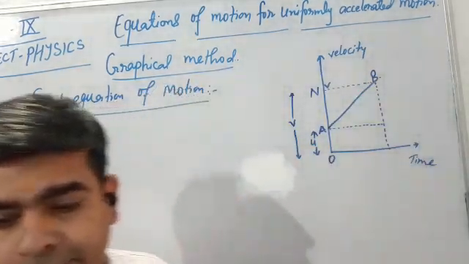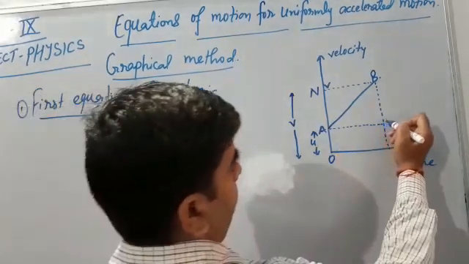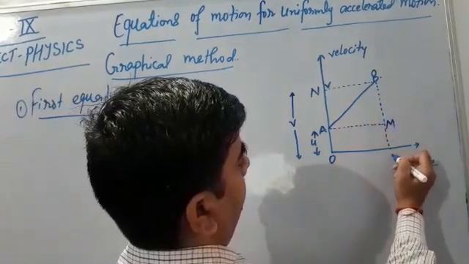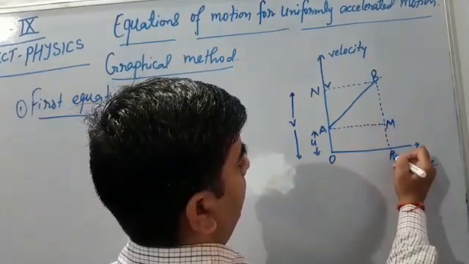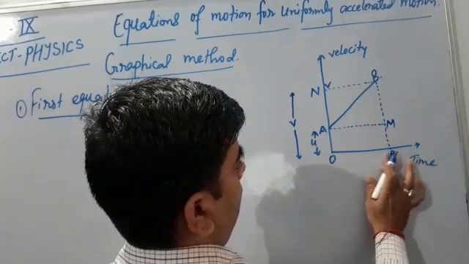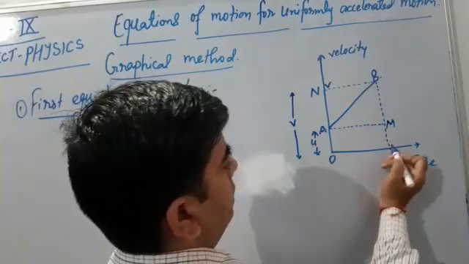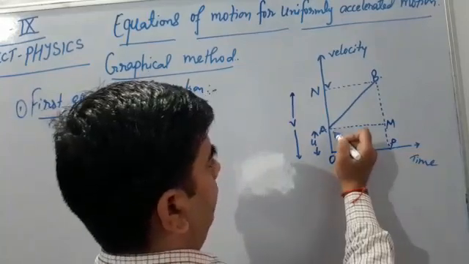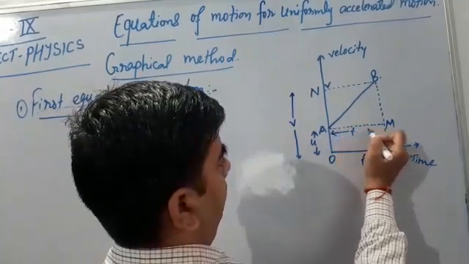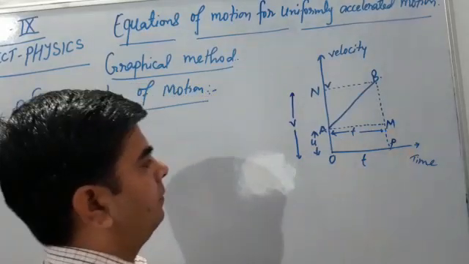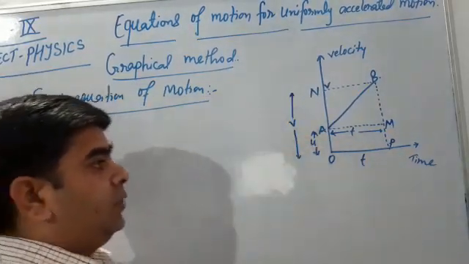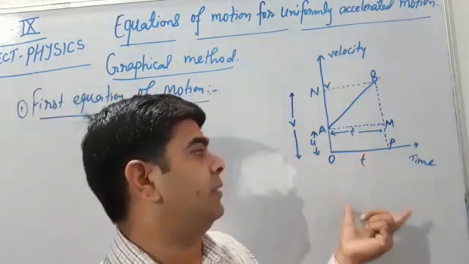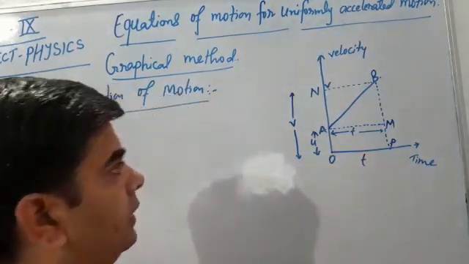Suppose this position is P, and this is the total time T. Now this is the velocity-time graph.